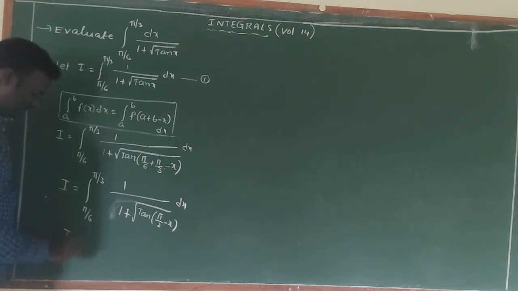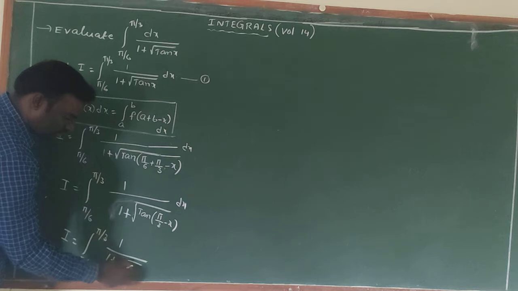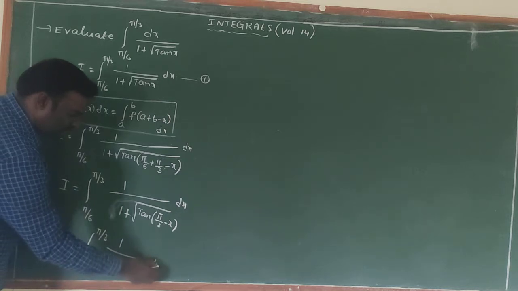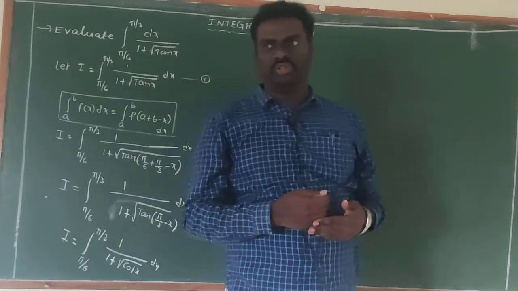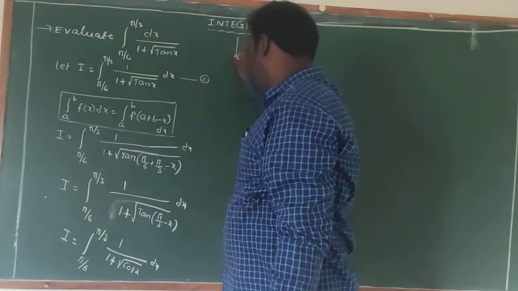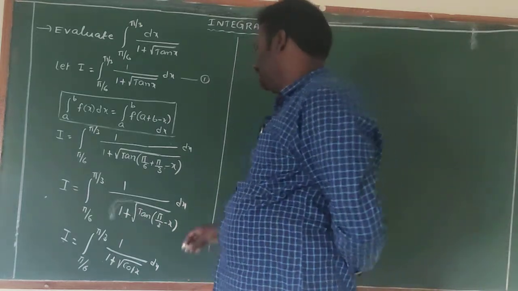Then I equals integral pi by 6 to pi by 3, 1 by 1 plus root cot x dx. Why? Because for 90, tan is changed to cot. Next, this cot can be written as 1 by tan.